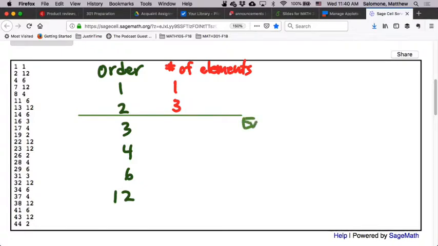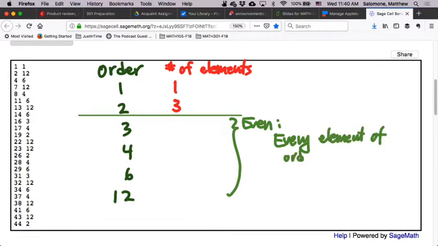Let me run that through again. This, by the way, was a fact used in the solution of a couple of homework problems on homework 7. I want to say it was homework 7. This is because every element of order greater than or equal to 3 is, first of all, unequal to its own inverse.